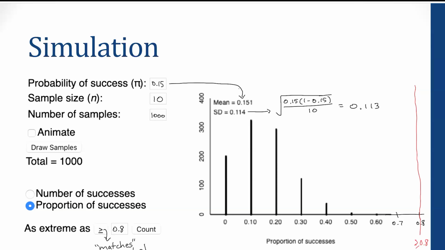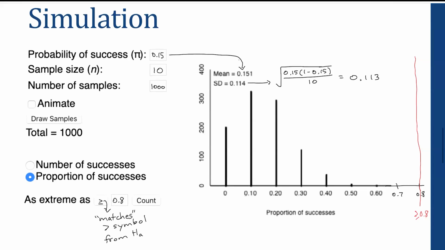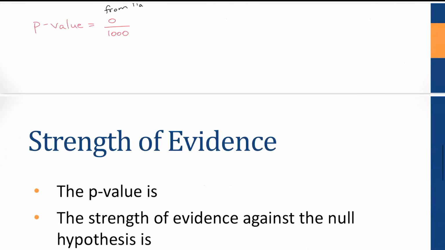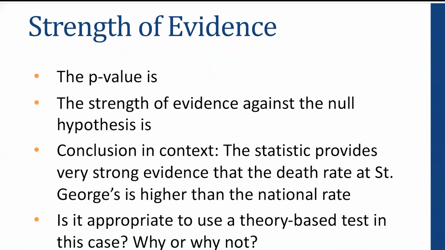It's looking for any sample statistic simulated p-hats that came out at least as big as the 0.8, and I can already tell you that there are 0 out of 1,000, so that will be in your applet. I can't remember exactly what it looks like in the applet because I don't have that up right now, but it'll be listed there. I think it says proportion, I don't remember what it says, but the p-value is 0 out of 1,000, and it will show up in red.